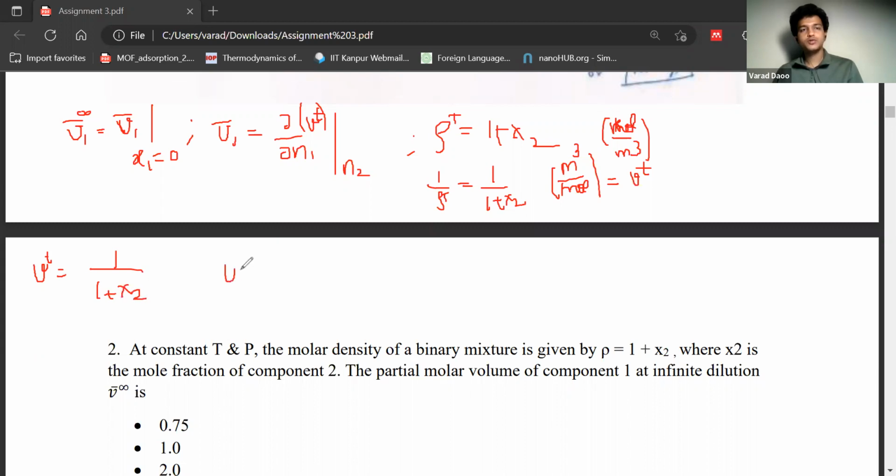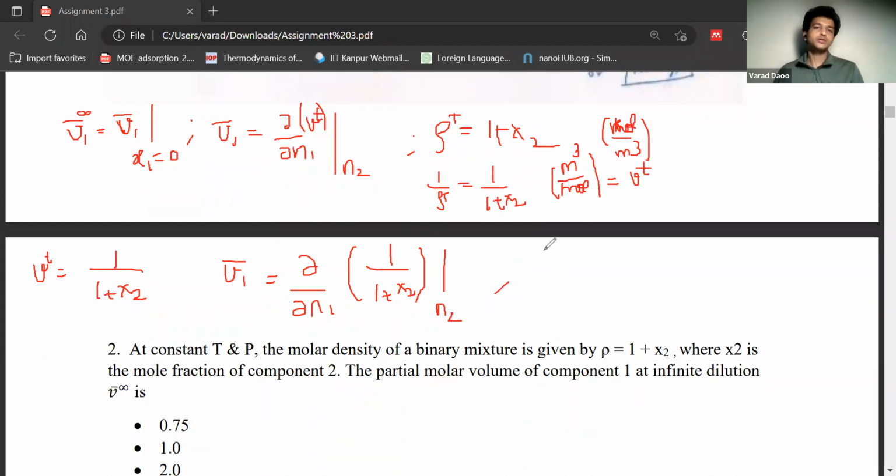And what is going to be V1 bar? So V1 bar is nothing but dou by dou N1 of 1 plus x2 at constant N2, right?